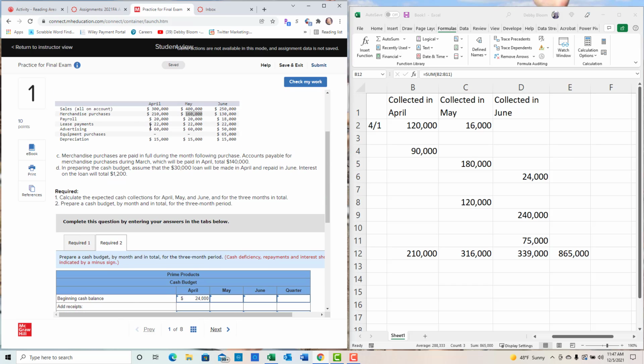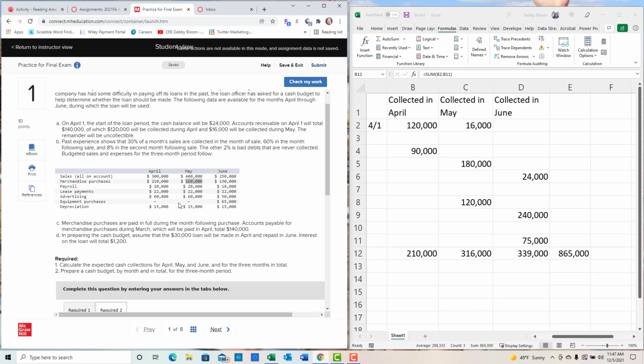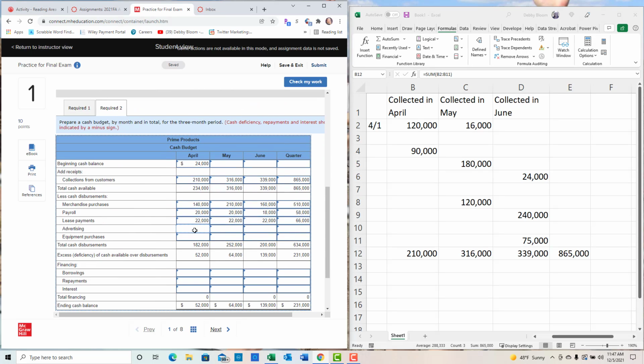Next, we'll move on to our lease payments, 22, 22, and 22. $66,000 in total. Advertising is also going to be given 60, 60, and 50. Total $170,000.